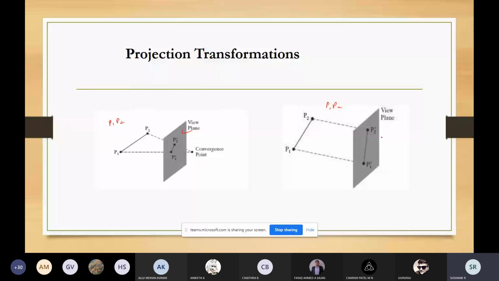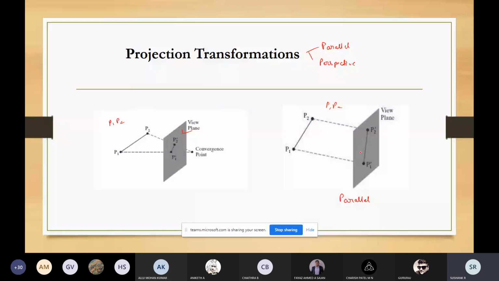So we have two kinds of projections which are supported by the graphic packages. One is the parallel projection and the second one is the perspective projection. This is an example of parallel projection, because the size doesn't change; you can see the size of this line is not changing here.